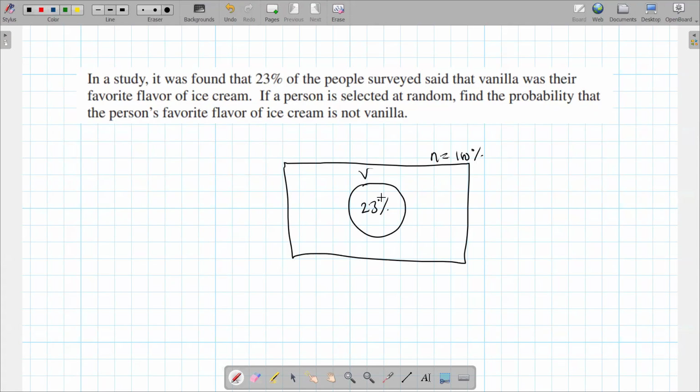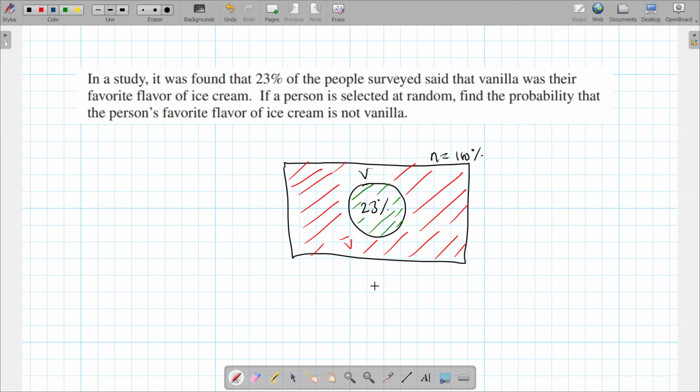Okay, again, you can use this diagram right here to help you. See, this inside part of the circle is 23%. The total is 100. You see this red part on the outside? This is V bar. This is the percentage that doesn't like vanilla. How do you think we get that? Know that it adds up to 100.